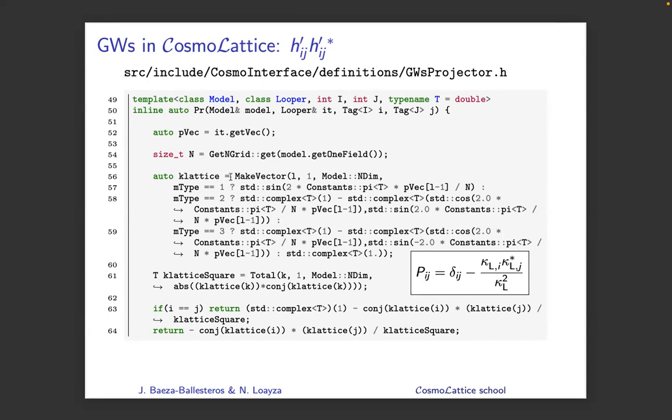So K lattice derivative, depending on which type you are giving it, computes it in different ways. So if it's 1, it is the neutral derivative and the real valued one. And if it's 2 or 3, it computes the corresponding one. And this is important because if we choose the real value projector, it will make the computation of the power spectrum easier. So that's why you can choose that. But there is not much of a difference in computing the complex or the real value ones.